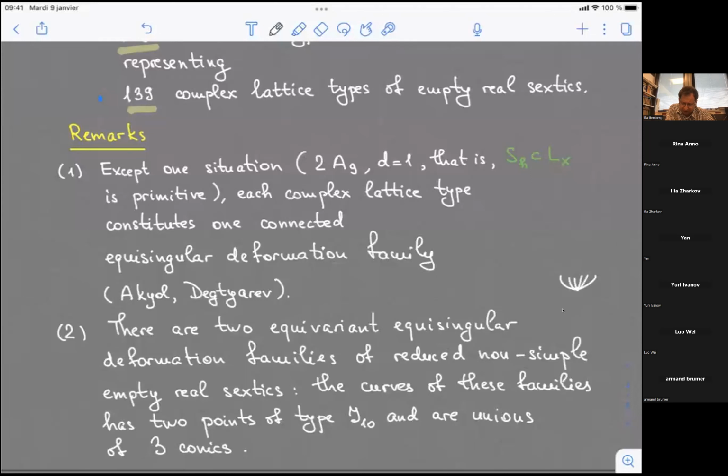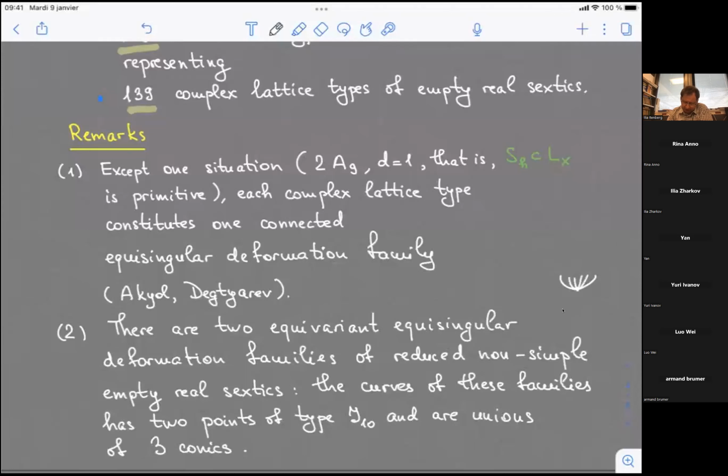These sextics are unions of three conics, and these conics are tangent to each other at 2 points of type J10.